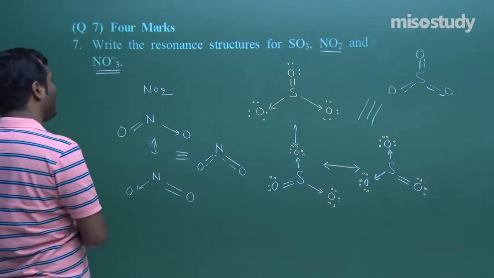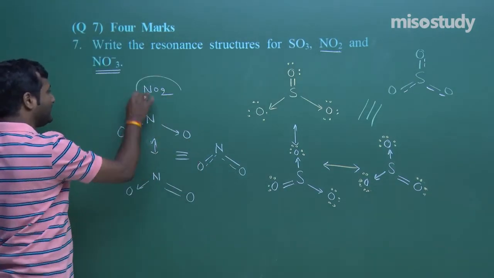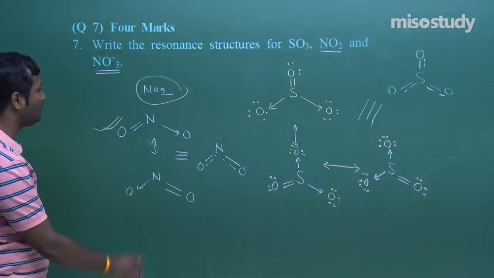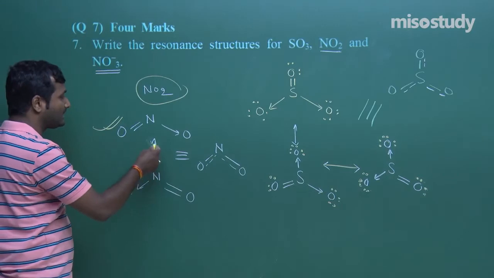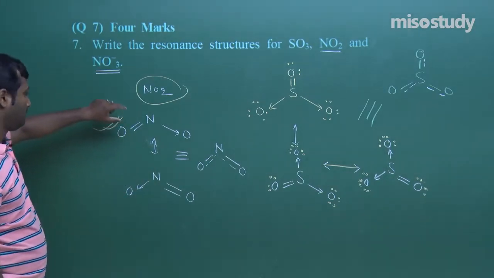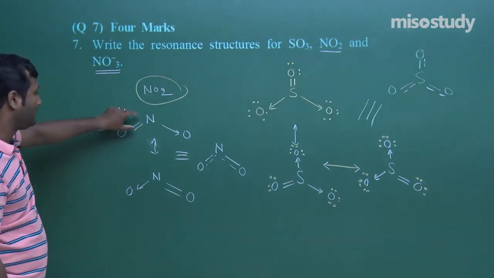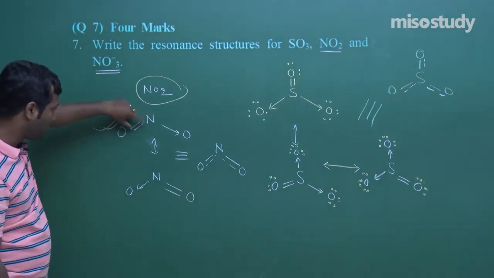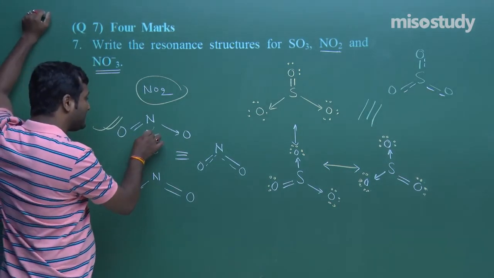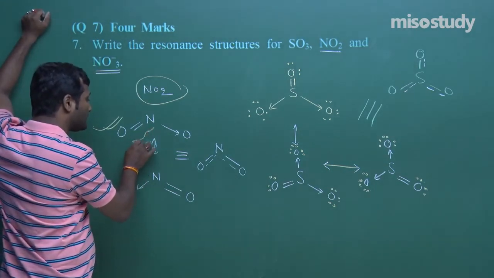You can easily draw. One more thing I have to mention: this is not a complete resonating structure, because when we compare the actual bond valency, the complete valency of nitrogen requires 3 bonds. So in this case, the odd electron bond concept takes place.